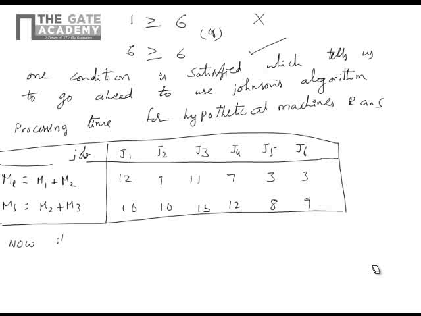Now it is in the form of two machines n jobs. So then what you need to do? Calculate the optimal sequence.